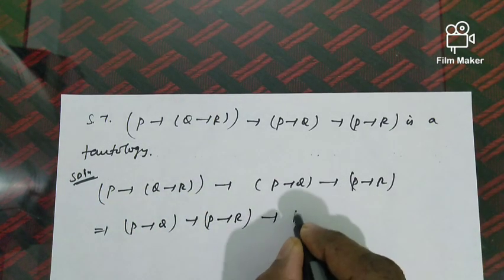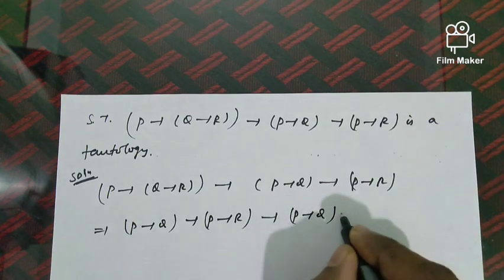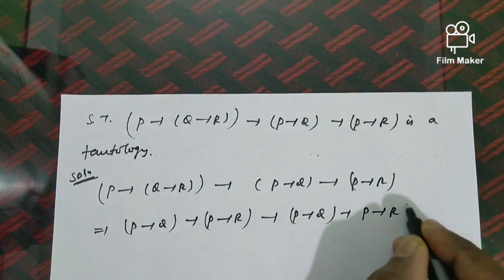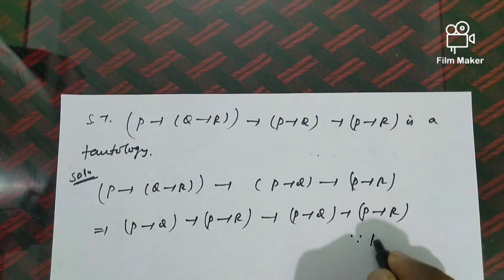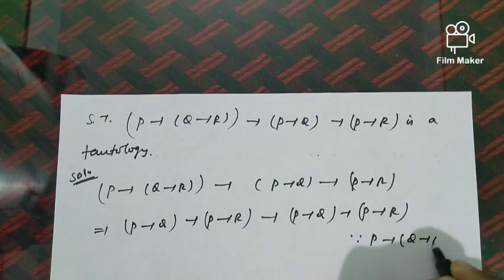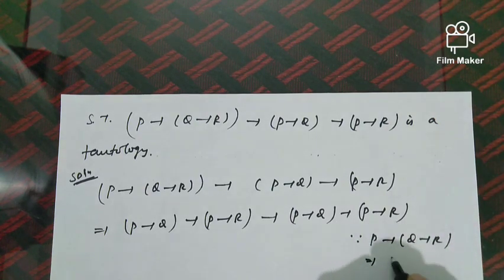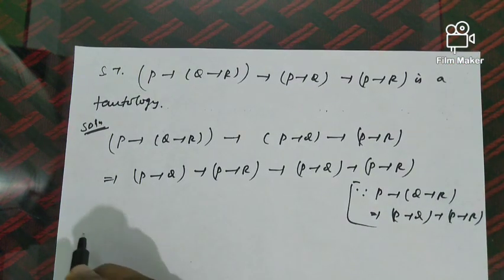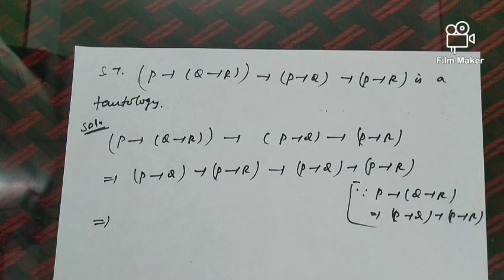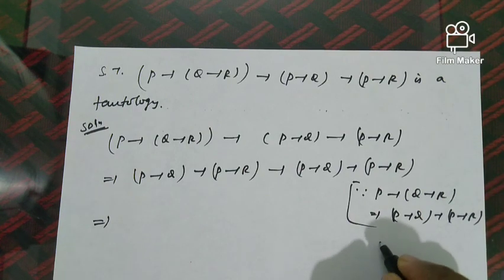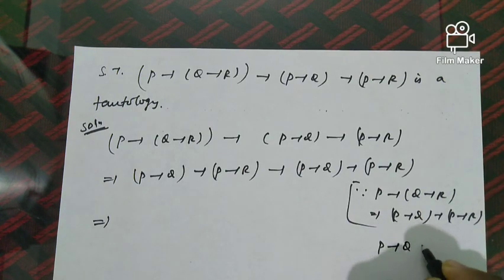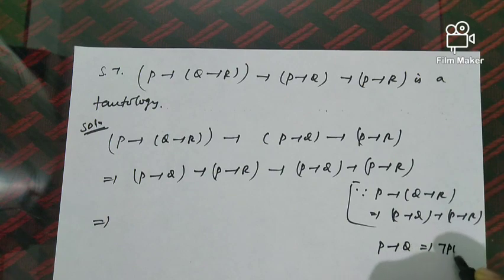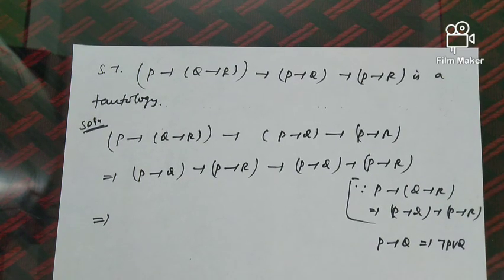This term as it is: P conditional Q conditional P conditional R. So here we have applied that P conditional Q conditional R can be written as P conditional Q conditional P conditional R. Okay, the next one is P conditional Q. We have a result that P conditional Q is equivalent to negation P or Q. Okay, it's an equivalence relation.